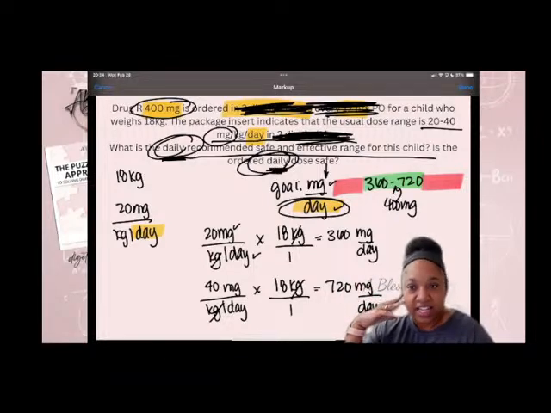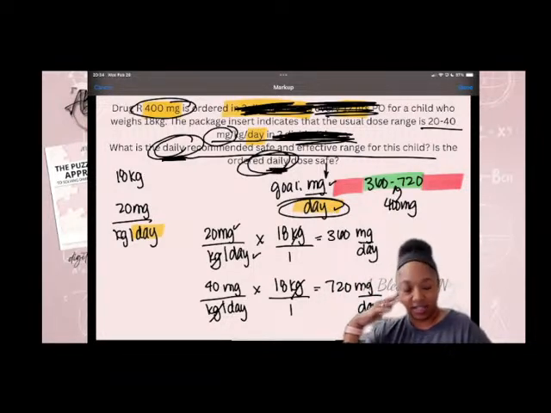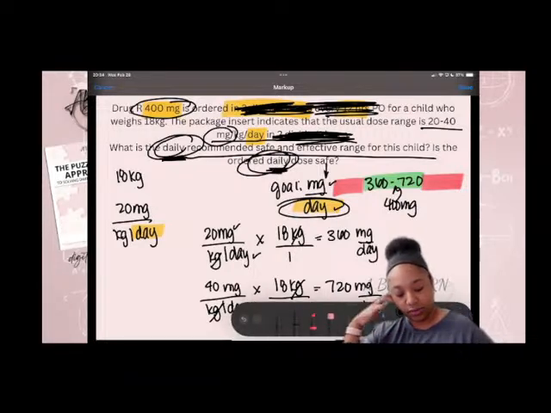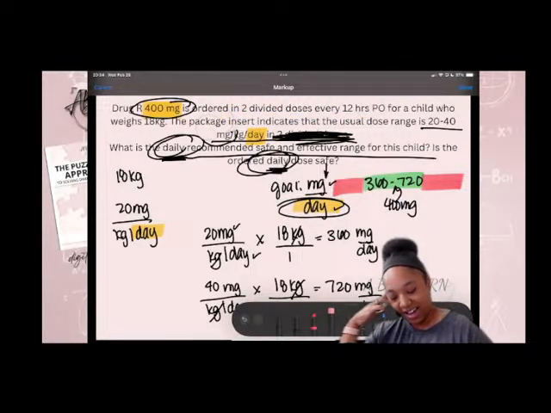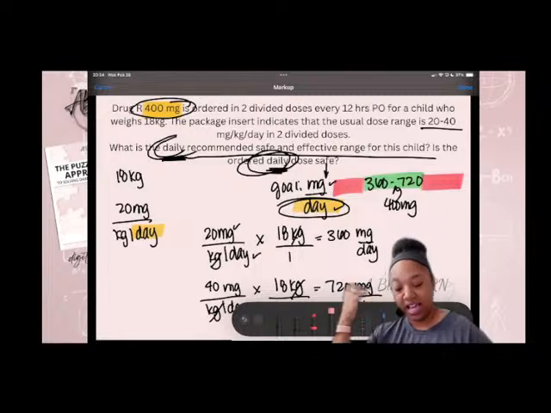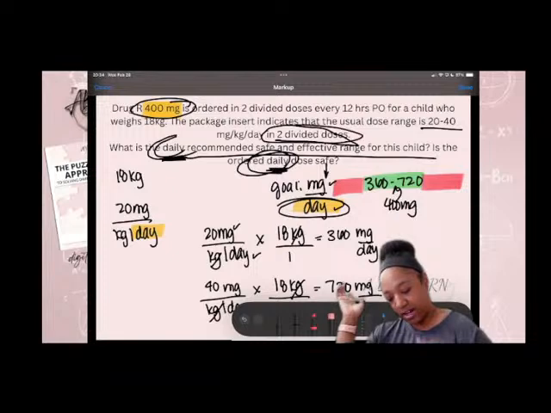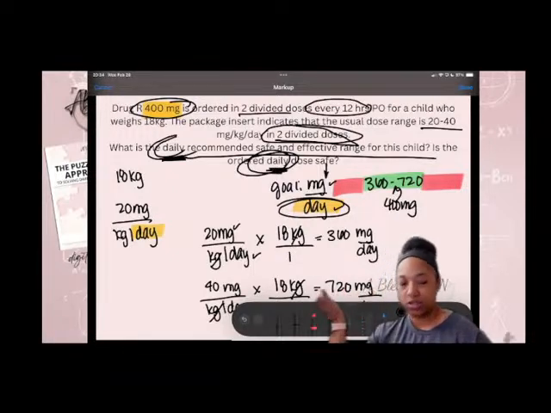If it said dose, would you divide it? Yes, Val, you surely would. So let me take some of the scratch off of it. If it had said what is it per dose, then we would have had to use that part right there because it said two divided doses every 12 hours, so it's two divided doses.